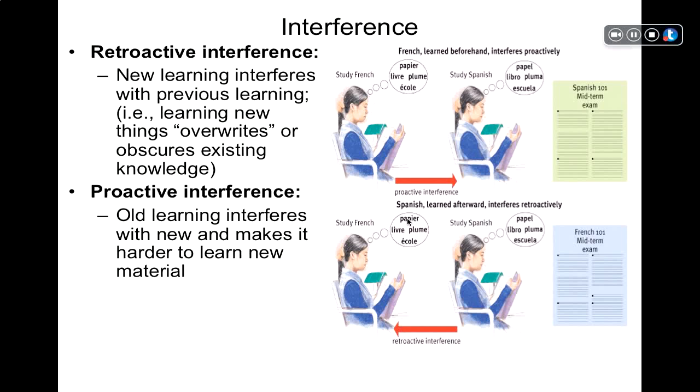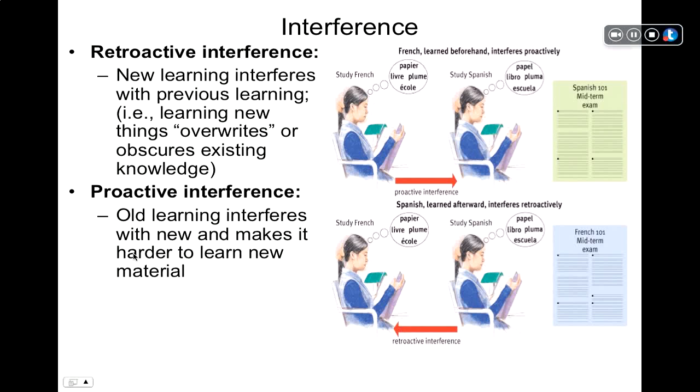So when you try to learn Spanish after learning French, that new learning that you've done in your Spanish class interferes with your recollection of what you studied initially in your French class. That is retroactive interference. So when we learn new things, sometimes it can interfere with our recall of stuff that we've learned previously.